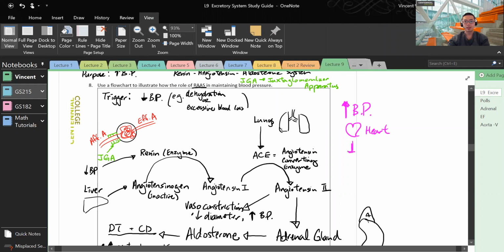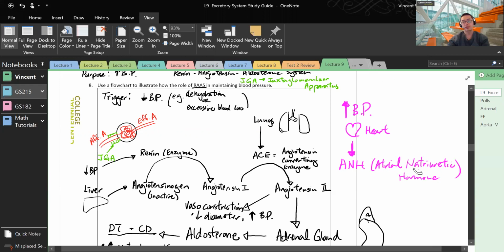So when the blood pressure is too high, the heart is going to be secreting something called atrial natriuretic hormone. It's a hormone that's secreted from the atrium.